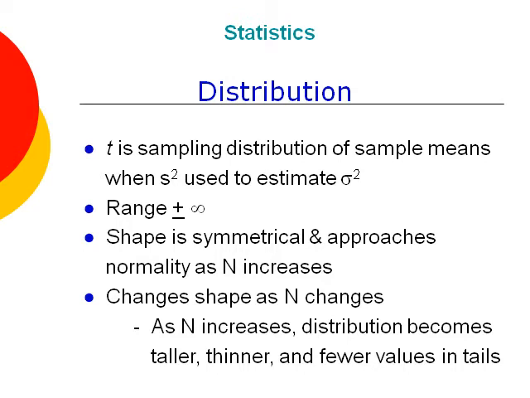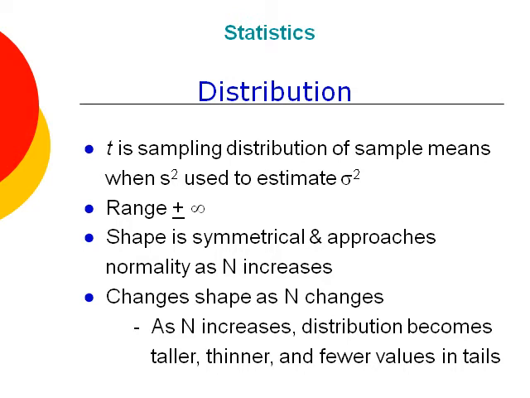As you pick up the blanket from the middle and slowly raise your hand, the middle of the blanket, or the curve, becomes taller and the blanket becomes thinner. And there are fewer and fewer values in the tails. The tails of the blanket begin to creep in from the outer reaches.